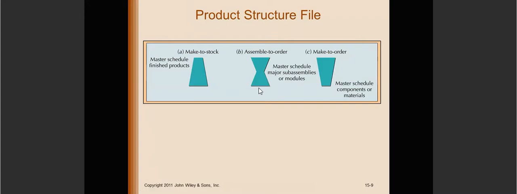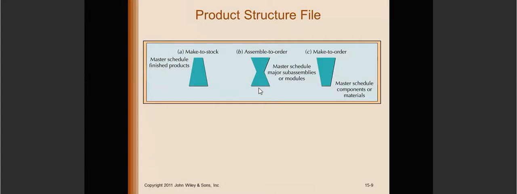And for assemble to order, if the company uses the assemble to order production strategy, the master production schedule will be a major sub-assembly or module.